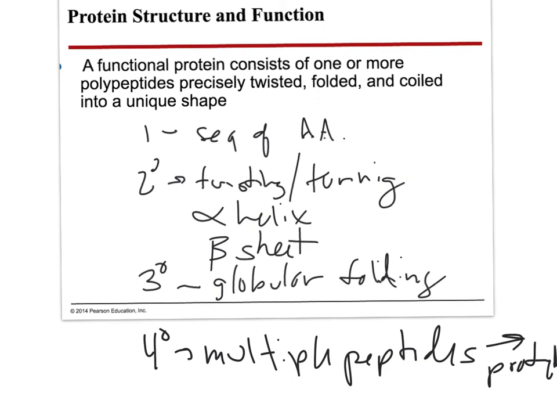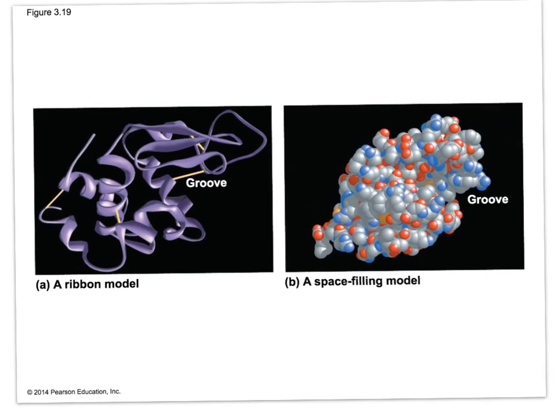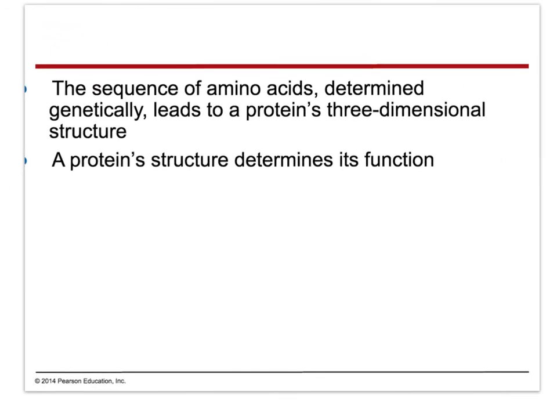Hemoglobin is 4 separate subunits, 2 alpha globin proteins and 2 beta globin proteins that come together and form one functional protein. But they have to interact all together to do that. You end up with something that looks like this, ribbon models and groove models to show you what structure is important for. And your structure determines what? Function. Changing that structure will change function.